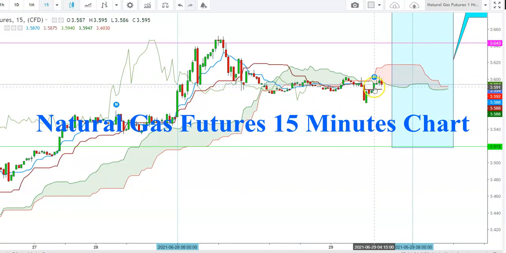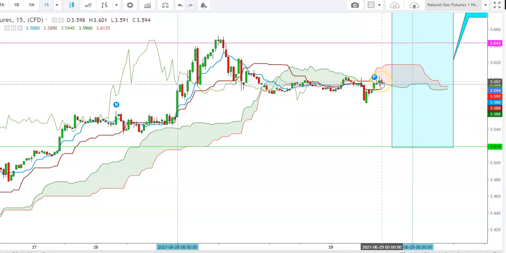Here you can see that in a 15-minute time frame, the natural gas futures have been currently sustaining at the lower end of the Ichimoku cloud, and you can see how the natural gas futures found stiff resistance here at the levels of $3.601 and tested a low at the levels of $3.572, but from here the natural gas futures have been regaining some strength.